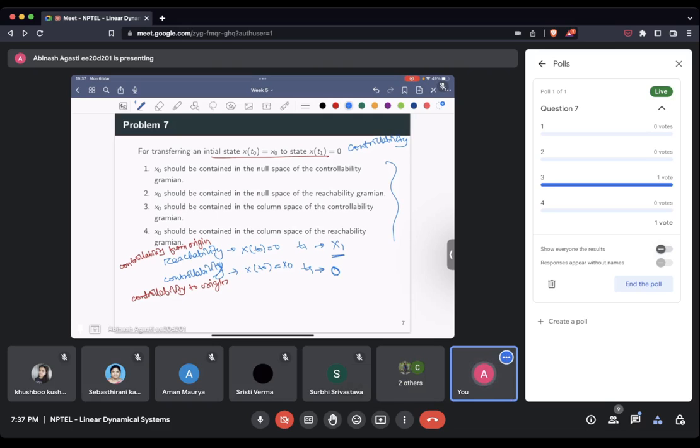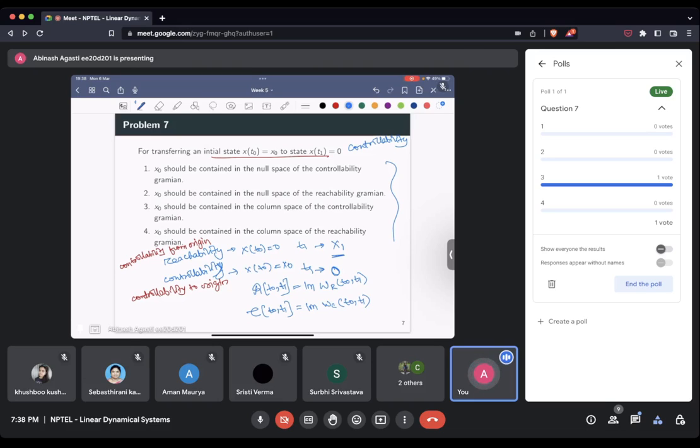Okay, so let's discuss the solution. If you remember, we discussed this in reachability, I think week 3 or week 4. The reachable subspace starting at time t naught and in a finite time t1 is given by the image of the reachability Gramian. On the other hand, the controllable subspace is given by the image of the controllability Gramian. So I want to reach the origin from an initial state x naught in some finite time t1 minus t naught.